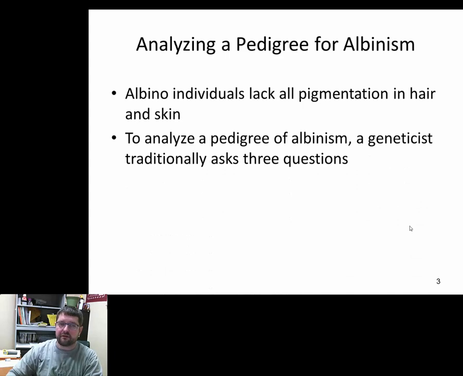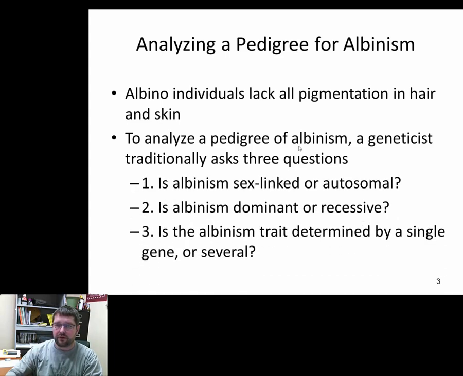Alright, so let's analyze a pedigree real quick. So maybe we're interested in albinism. Albino, as most of you know, is a lack of pigment in hair and skin, and we're interested in maybe figuring out, from just looking at a pedigree, can we figure out whether or not an albino individual got that from the sex-linked chromosome, so are only one sex going to get this disorder or this gene?